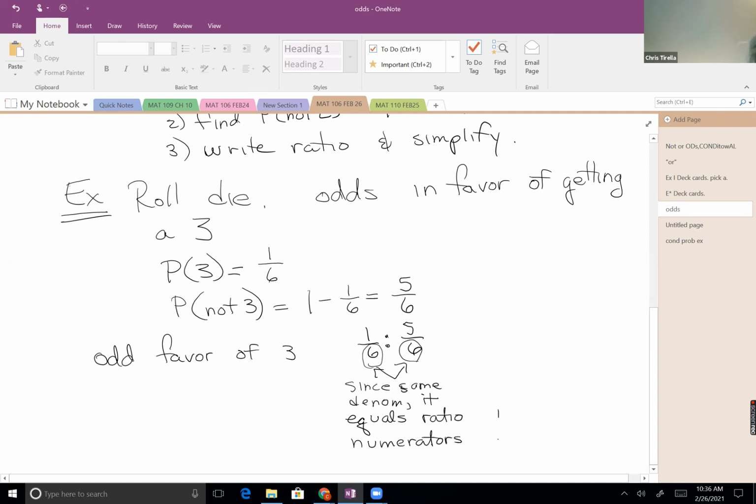So that 1/6 to 5/6 will simplify to the ratio of 1 to 5. Before we go further, I want to make sure that everybody notices that the probability and the odds are different. Do you notice one is 1/6 and the other is 1 to 5? They're different values.